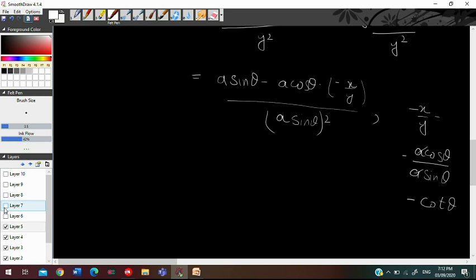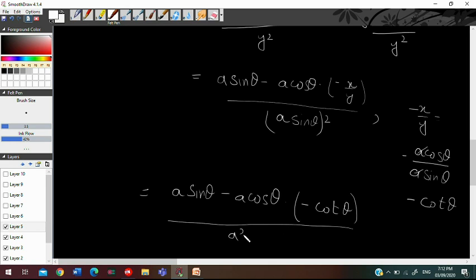Okay. Here we have cotangent theta, and when we simplify it, (a sine theta minus a cos theta into minus cot theta) divided by a square sine square theta.